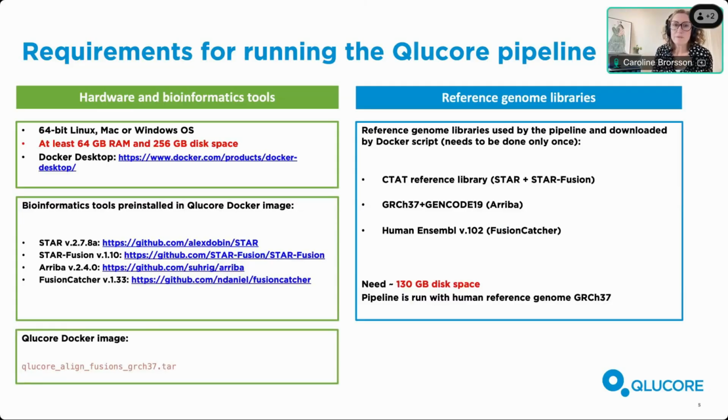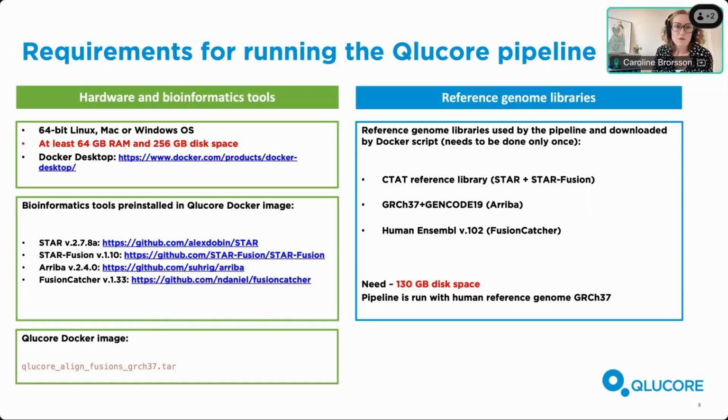We have set up this pipeline using Docker containers, so you need the Docker Desktop app. We have pre-installed these bioinformatics tools in a Docker image, and you can see which versions we have installed. These tools are ready to run directly in Docker.